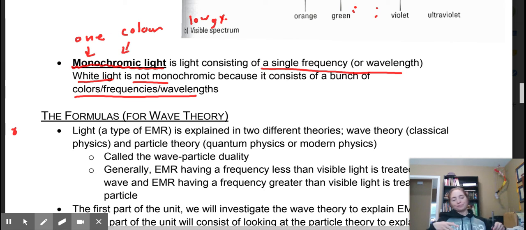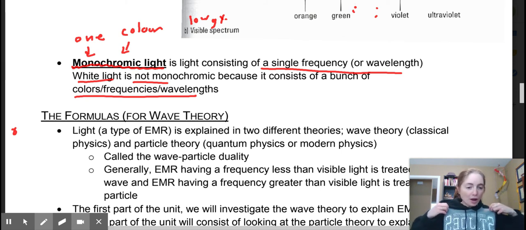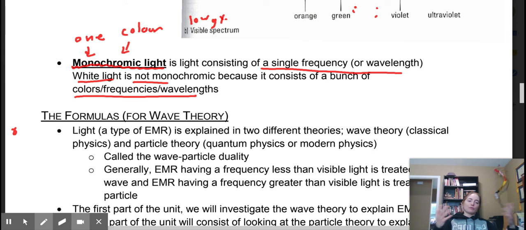However, the fact that the sleeves of my hoodie appear black is because they are absorbing all frequencies of that visible light spectrum of EMR. The reason why the St. Joe's lettering on my hoodie appears white is because it is reflecting all visible light wavelengths of EMR.